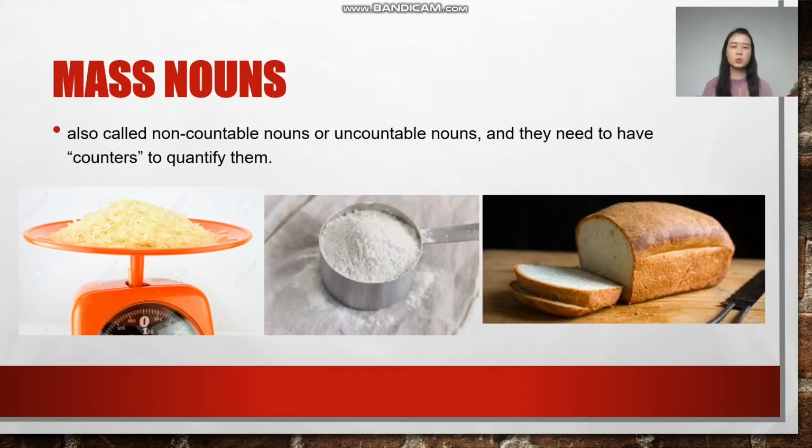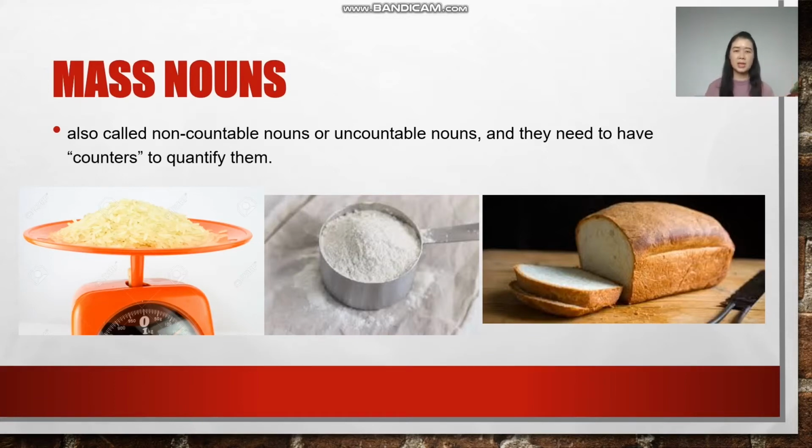Okay, next one in the middle, that is flour. Flour, F-L-O-U-R, flour. So we can say a kilo of flour, a cup of flour. And the last one, the word bread, B-R-E-A-D. You can say a slice of bread or a loaf of bread.